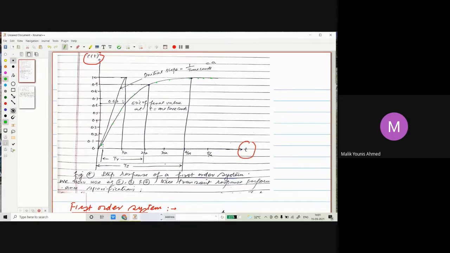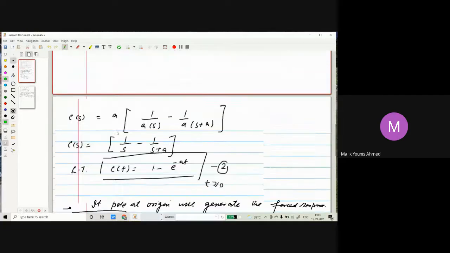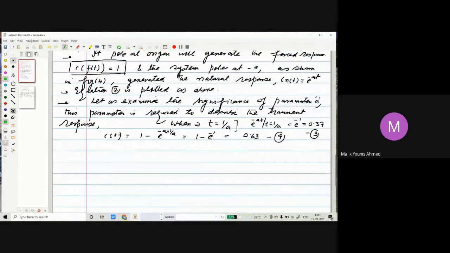Now from these equations, this is the graph. Let us talk about the first definition, that is the time constant.